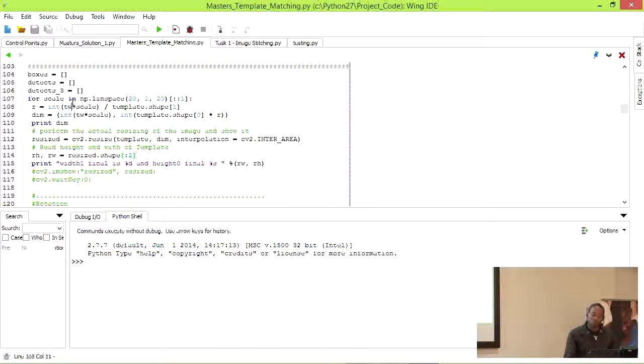The first thing I would do, because there's one person right in the front of the class holding the same size poll sheet, and there's someone all the way at the back of the class holding the same poll sheet, obviously it's going to give you different sizes. So what I did was start from a small template and increase the template scale by scale, and then you get to a point where you can detect someone all the way at the bottom and all the way at the top. So that's the thinking I was going through when it came to resizing this template and running it through the picture.